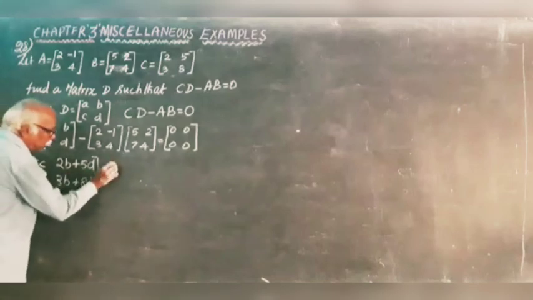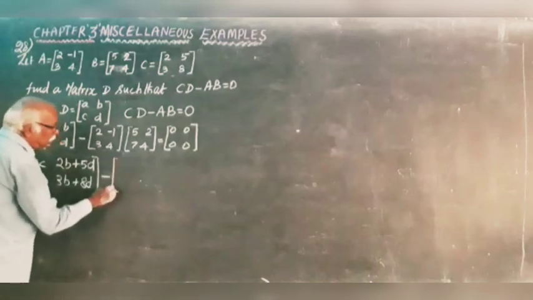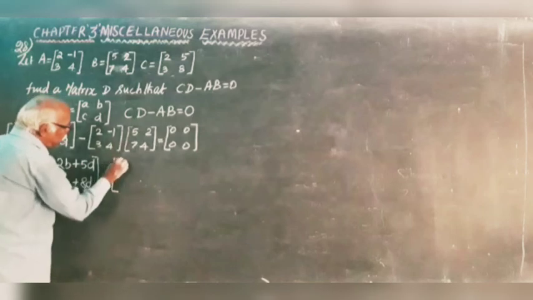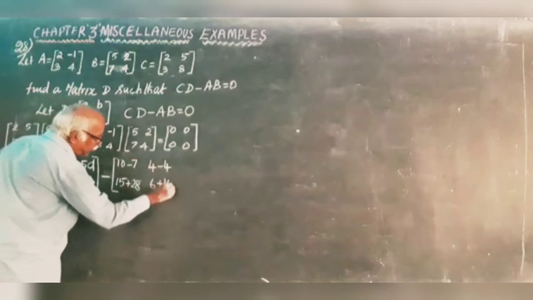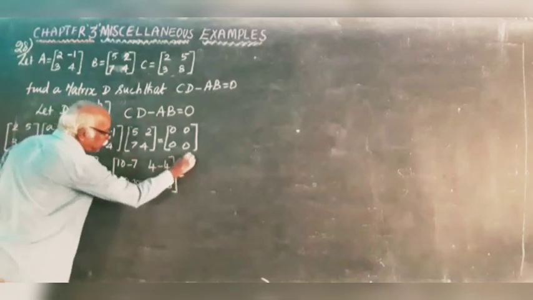Subtract: 2 into 5, 10, minus 1 into 7, minus 7; 2 into 2, 4, minus 1 into 4, minus 4; 3 into 5, 15, 4 into 7, 28; 3 into 2, 6, 4 into 4, 16. This is equal to the null matrix.